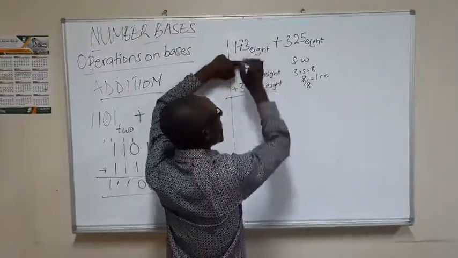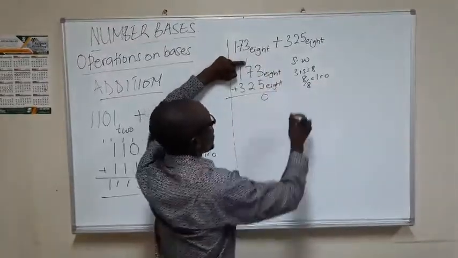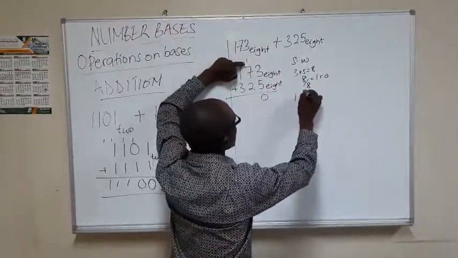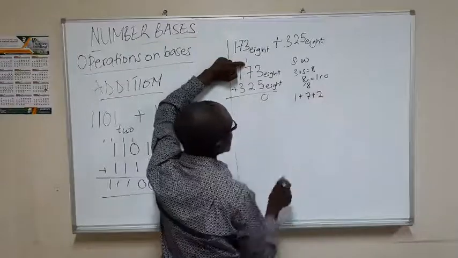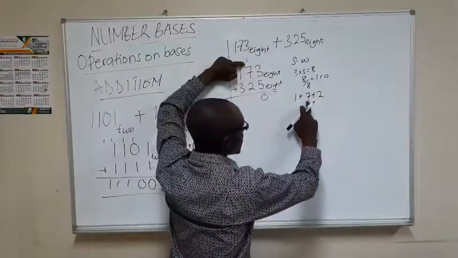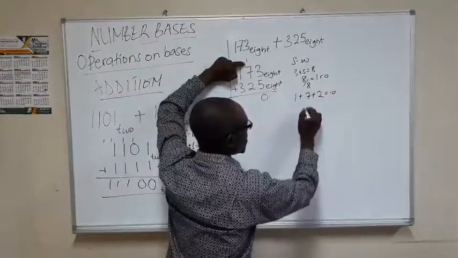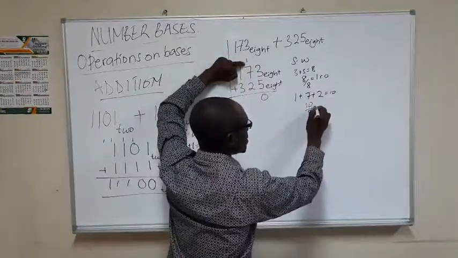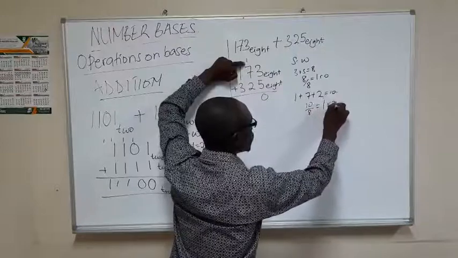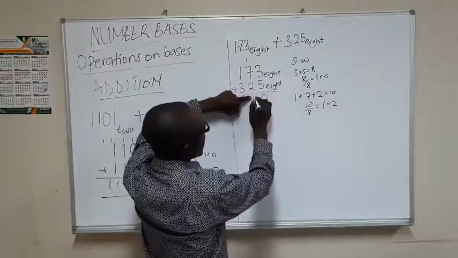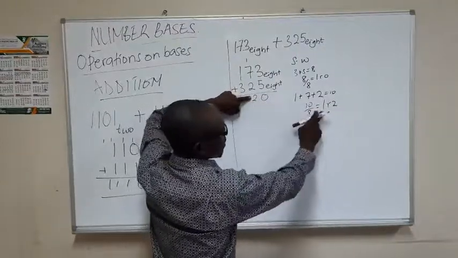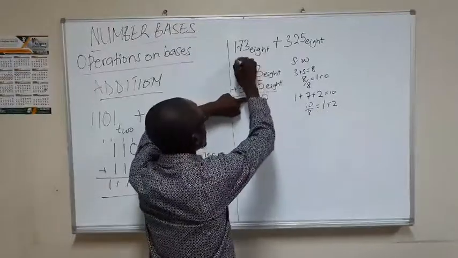Now here, 1 plus 7 plus 2. What are we getting? 1 plus 7, 8, plus 2, 10. We say 10 by 8. This is 1 remainder 2. Record the remainder here. Carry the value here, which is 1.